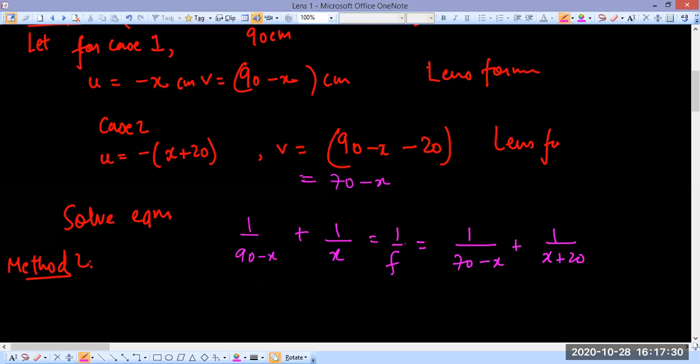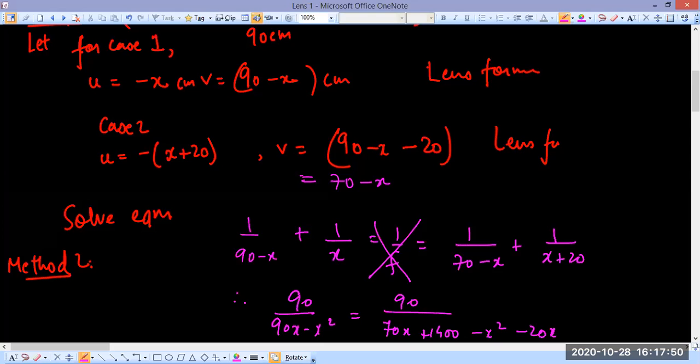Now forget this 1 by f for now, take the LCM on both sides. Right, so you get 90 upon 90x minus x square is equal to 90 upon 70x plus 1400 minus x square and minus 20x. Right?